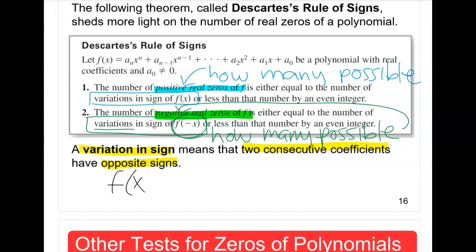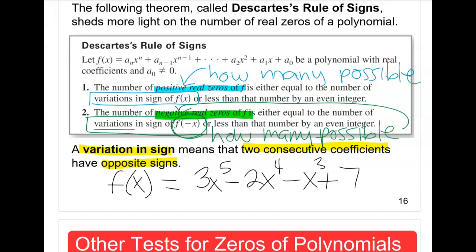let's give an example. Let's say that we have 3x to the power 5 minus 2x to the power 4 minus x to the power 3 plus 7x to the power 2, and then let's say minus 3x. Okay, so our first sign here is positive because we don't have anything, so we know it's positive.